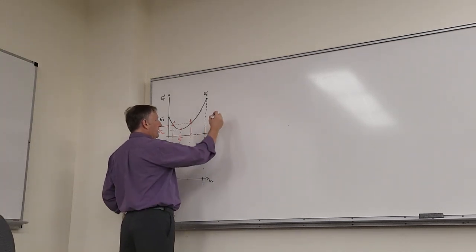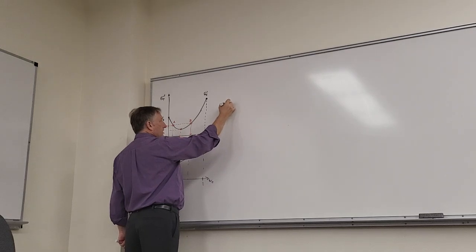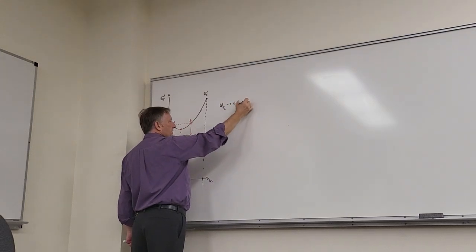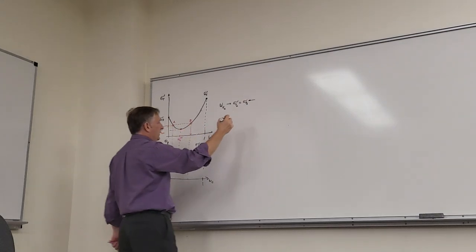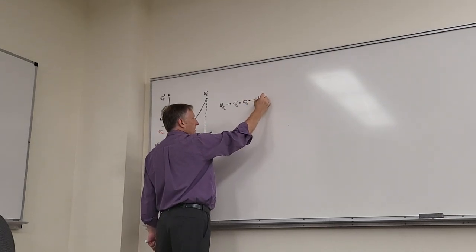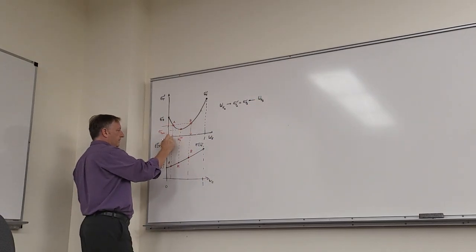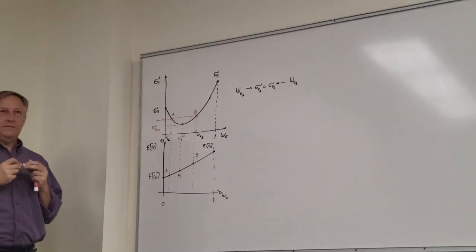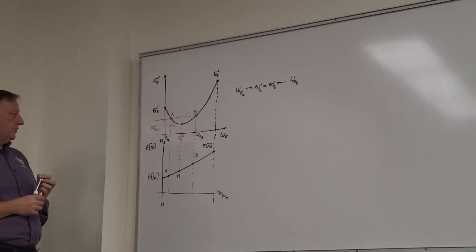So the weight of equity A is such that the risk of the portfolio A is equal to the risk of the portfolio in B, but this is generated by the weight of equity at B. This is the weight of equity at A, weight of equity B. Do you agree with that? So two different ways to generate portfolios that are identical from the point of view of risk.